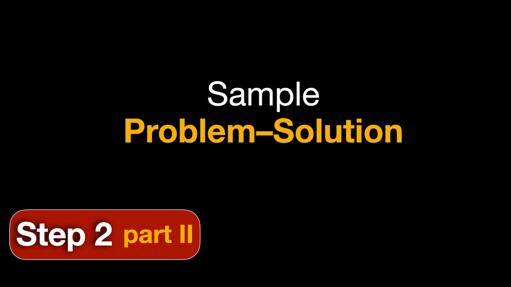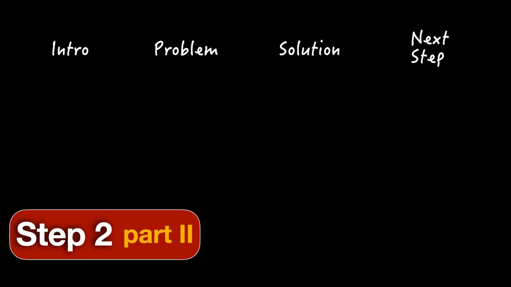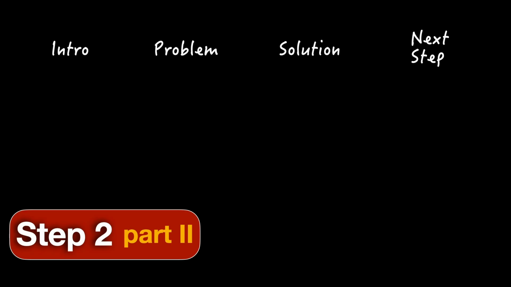So here's an example. In part 2 of step 2, let's say it's a problem solution presentation. So we have our problem and we have a solution, or our ideas to deal with this. And that's the main hunk, but we need an introduction and then the next step. The next step is like a conclusion, but it isn't really the conclusion because that sounds like the end. We want the audience to do something. There's a call for action, for example.